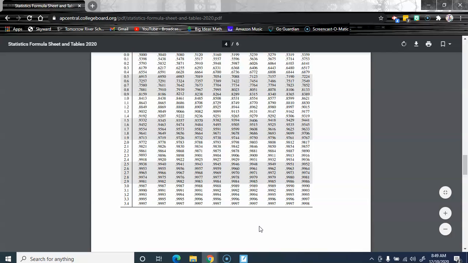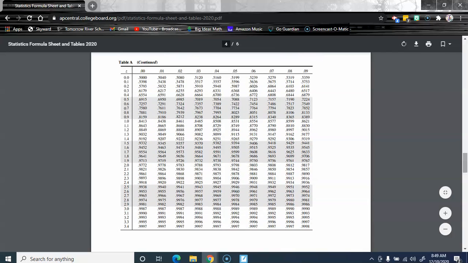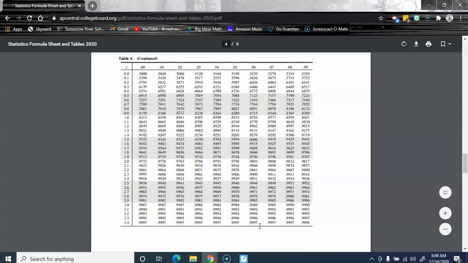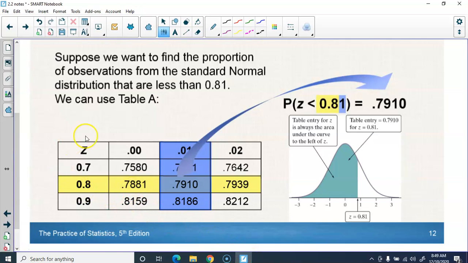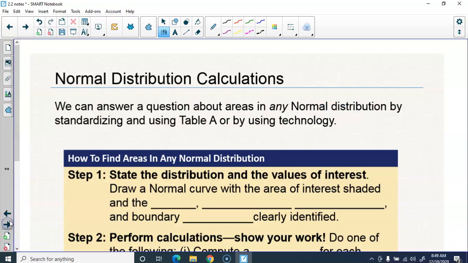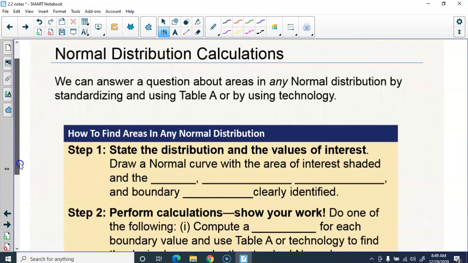You see 0.8. And then across the top, 0.8 and then 1, 0.81. So I come down here, find where those two numbers overlap, and it's 0.7910, which our little excerpt from the table shows here. 0.7910 is the area to the left of 0.81. We will do lots of examples of those, don't worry.